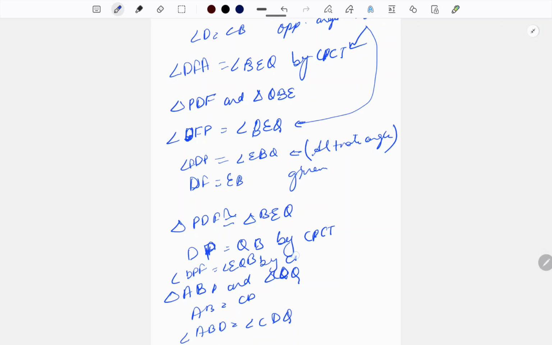by CPCT, and therefore angle APB is equal to angle DQC by vertically opposite angle.